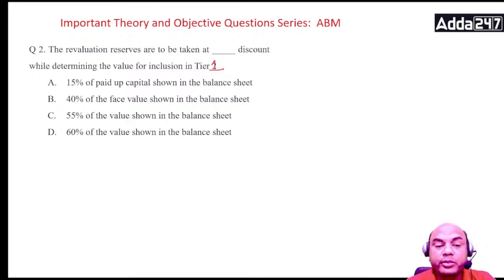So what is the discount percentage to be taken? 15% of the paid up capital shown in the balance sheet, 40% of the face value shown in the balance sheet, 55% of the value shown in the balance sheet, or 60% of the value shown in the balance sheet. Those who have studied this will be able to answer. What is the answer?